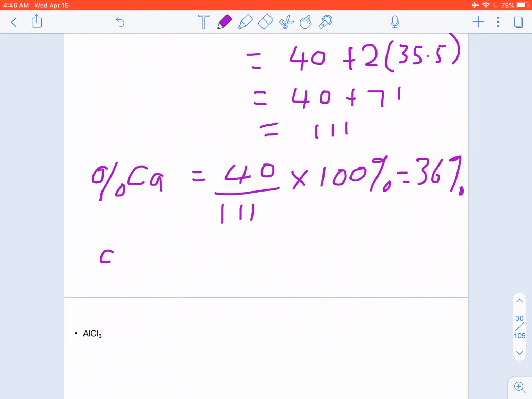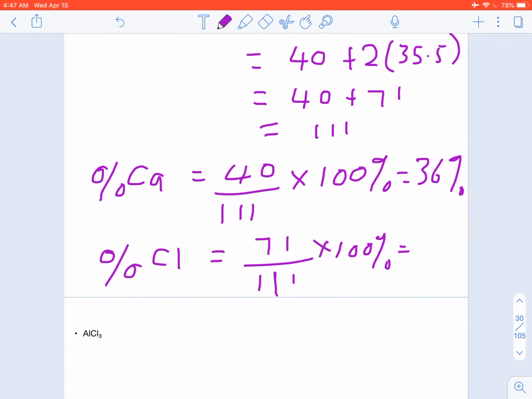And the percentage of chlorine is equal to 71 upon 111, which gives us 64%.